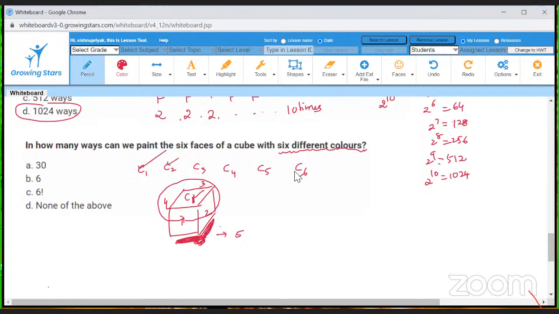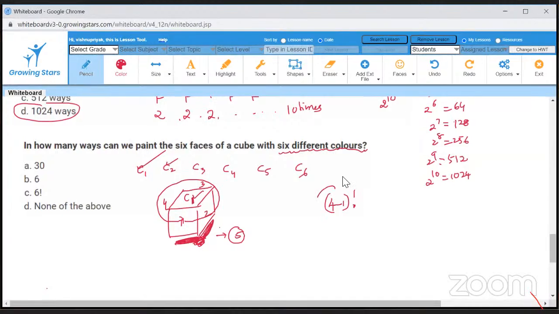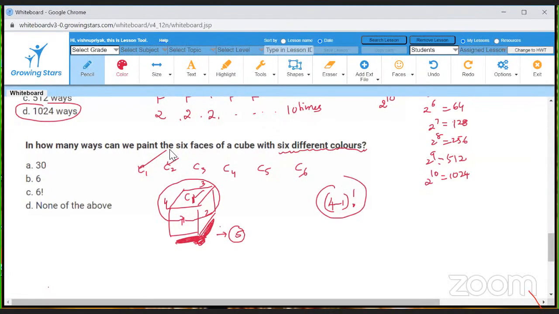Now only 4 colors are left, but this is circular permutation, so the remaining 4 faces can be filled in 4 minus 1 factorial ways, because in circular permutation, n minus 1 factorial is the form. So first work, the bottom face in 5 ways, and second work, circular permutation, 4 minus 1 ways.